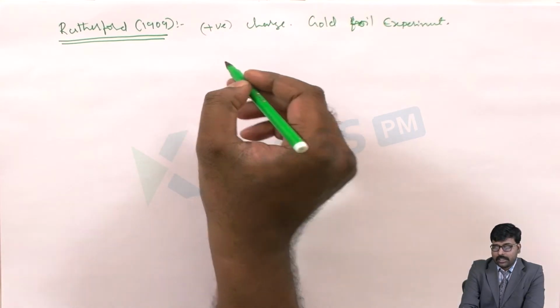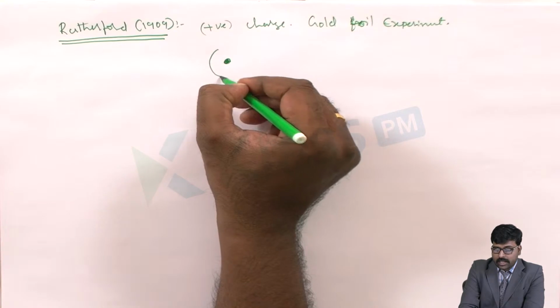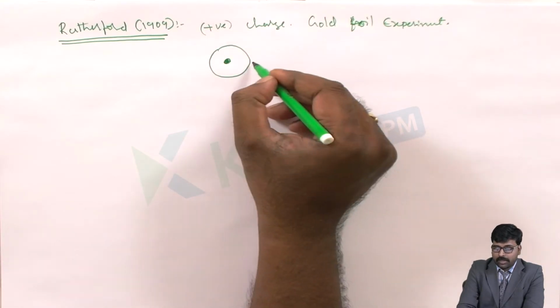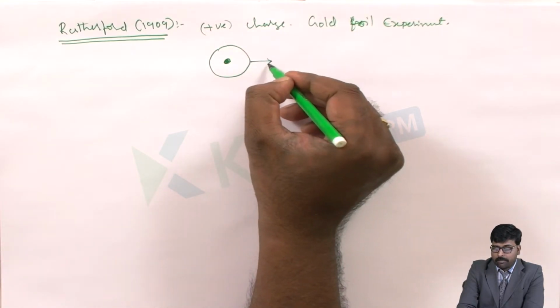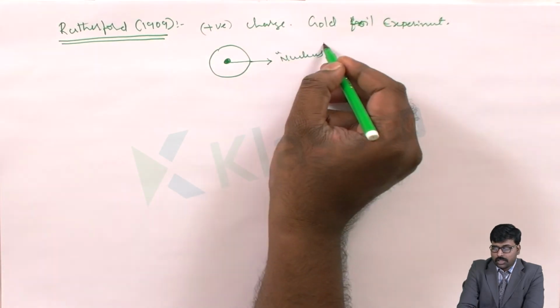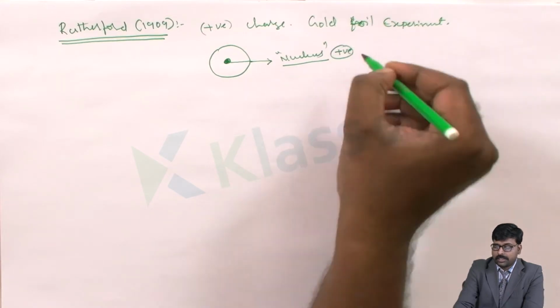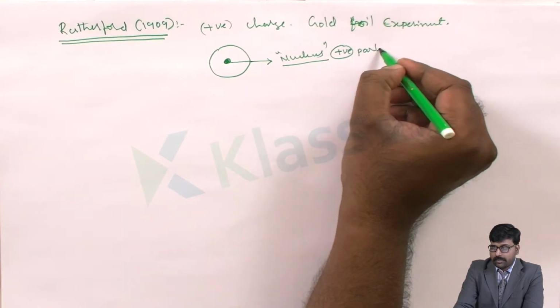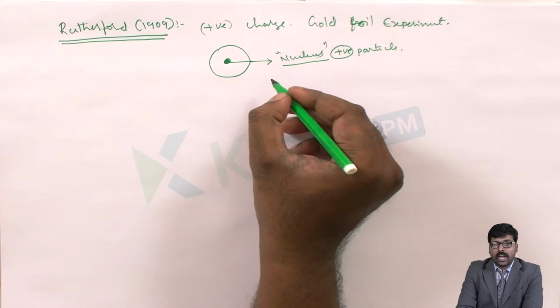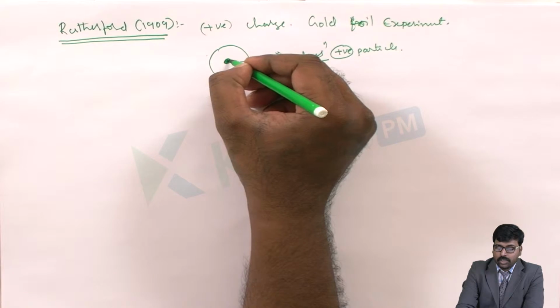Rather, most of the mass and most of the charge is centered at the nucleus, and most of the atom is vacant or empty. He coined the name nucleus, where the positively charged particles are present, and the mass of the atom is centered at the nucleus.